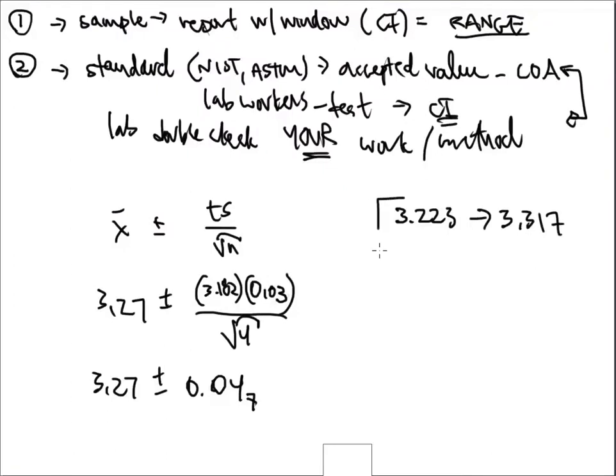So I'm going to report my value as this. I'm 95% certain that the true value lies within this range, 3.22 to 3.31.